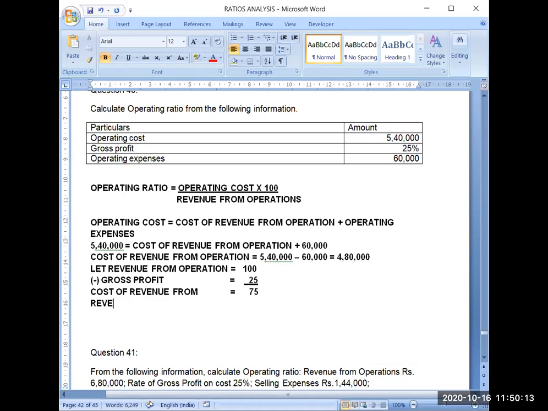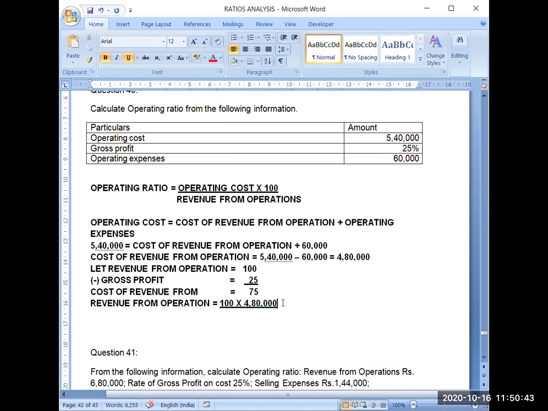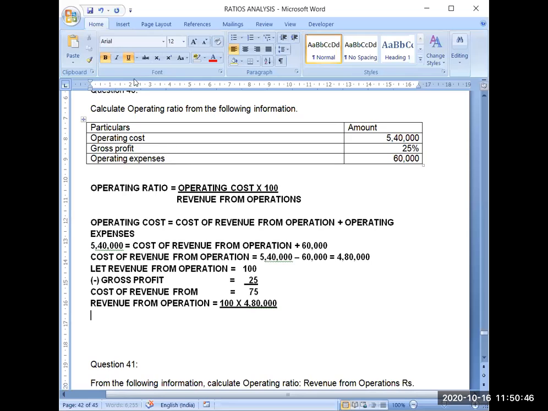So revenue from operation is equal to 100 into 4,80,000 upon 75.